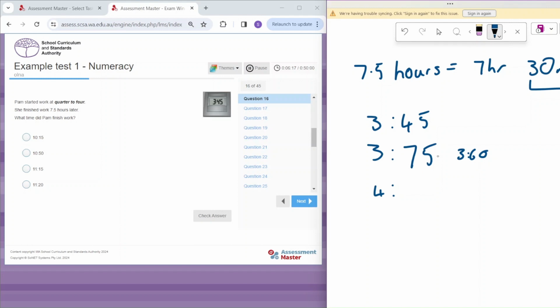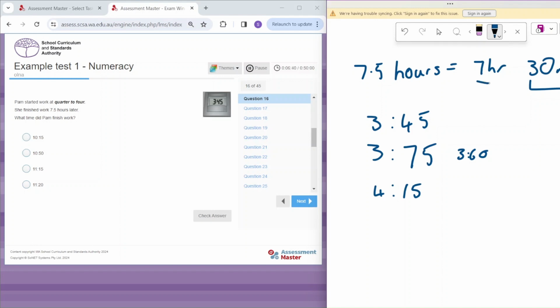So 3:75, as it were, is 15 minutes past 60 minutes. So we must say we've got to 4 o'clock and an extra 15 minutes. 3:60 got us to 4 o'clock, and then there's 15 more from 60 to 75 that must fall in the minutes. So it's now 4:15.